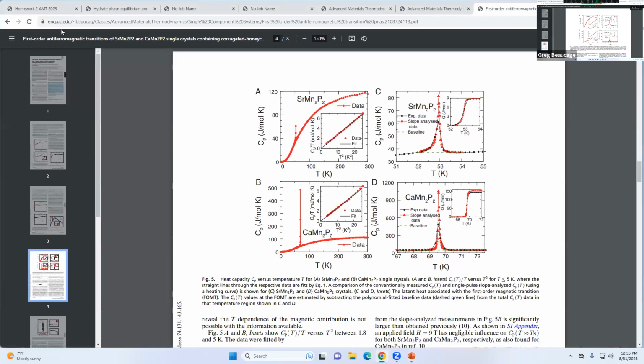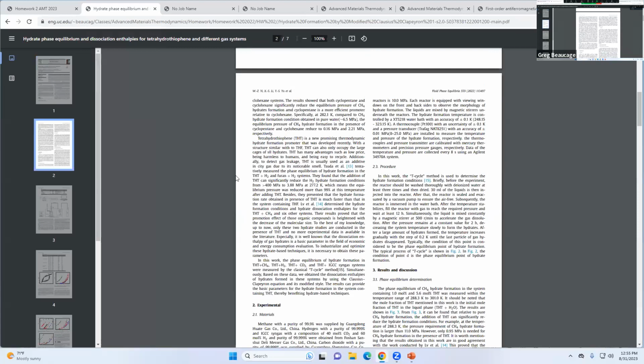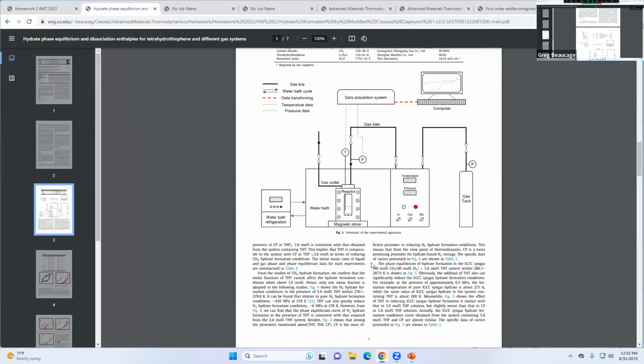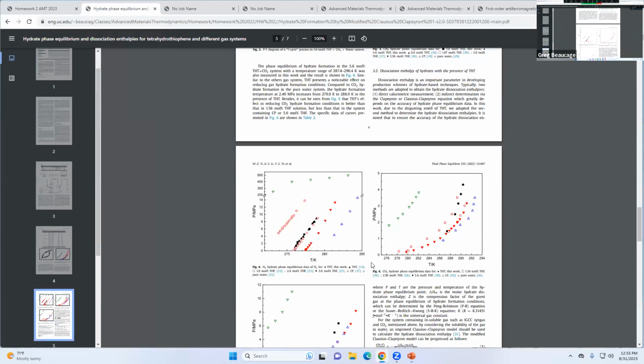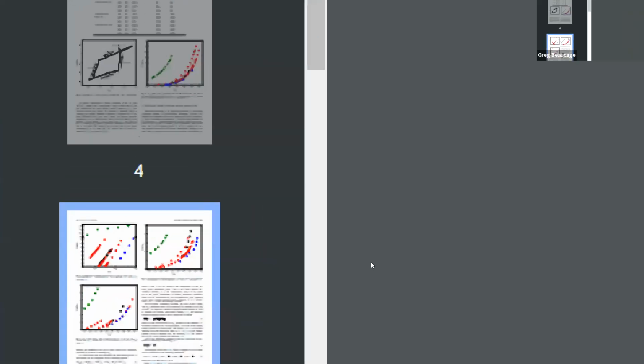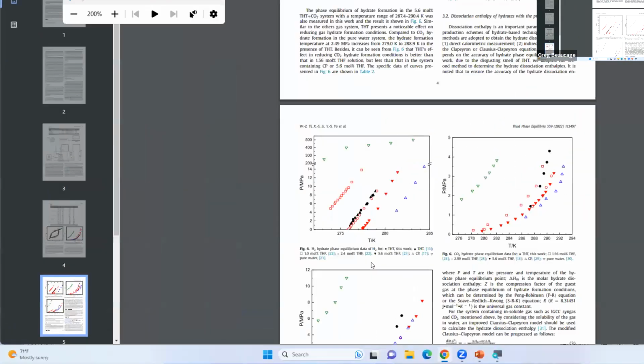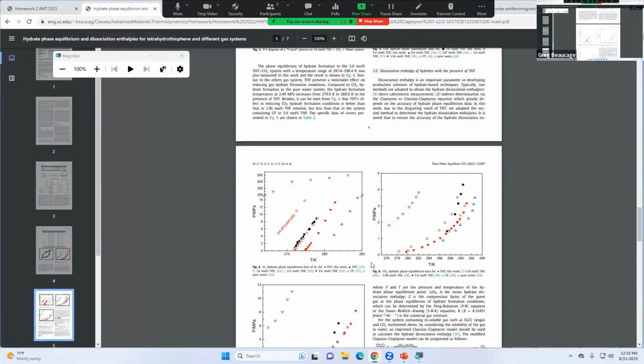Here, this paper is just talking about the clathrates, I mentioned that before. Something is messing me up here, it was stuck over there and it's blowing up.